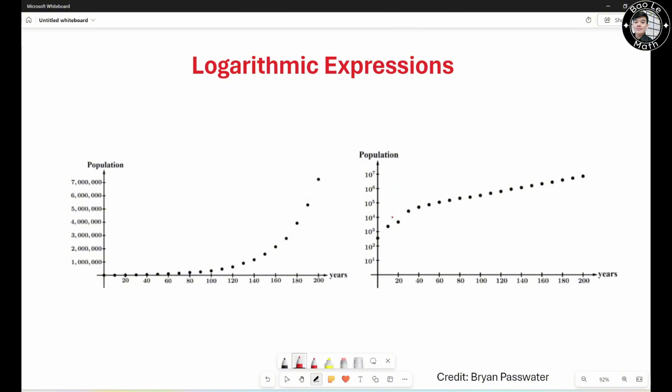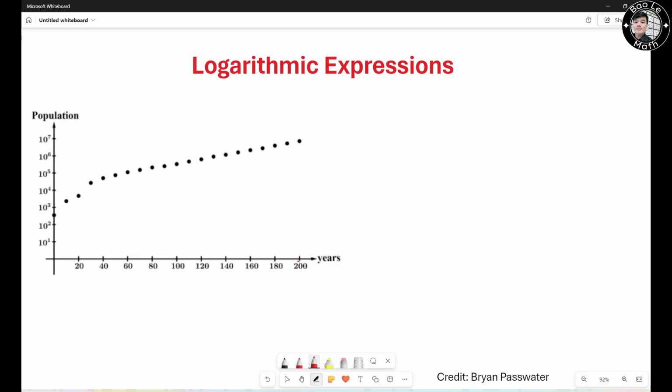The right hand side is the graph that uses the logarithmic scale, which means base 10 for the vertical axis. Now, based on this graph, we see that 200, which means 1820. So the population is going to be around this value right here.